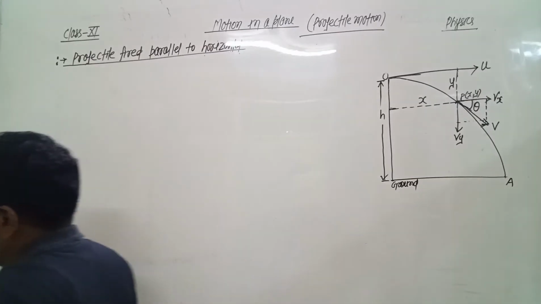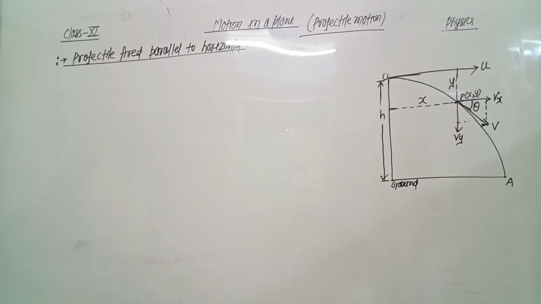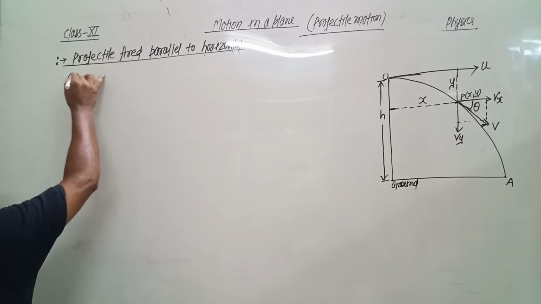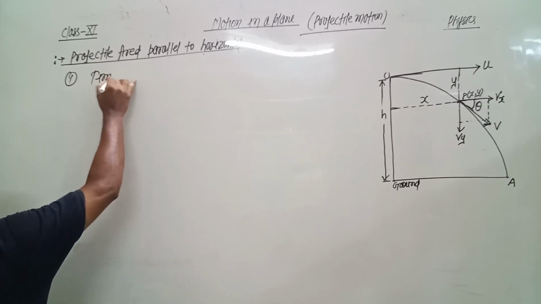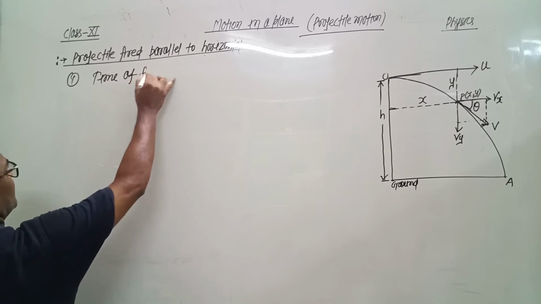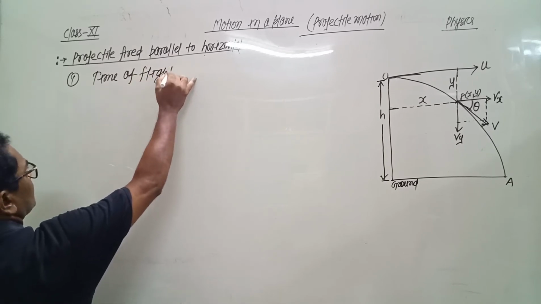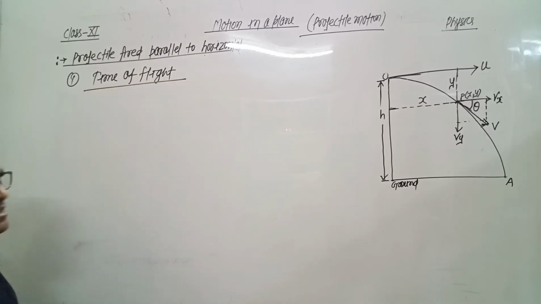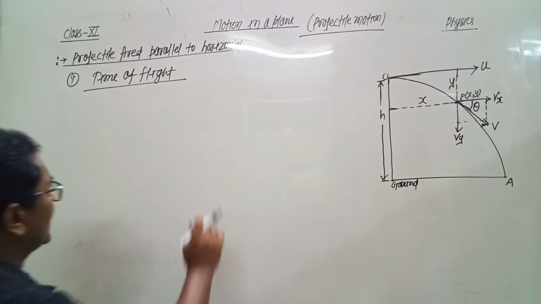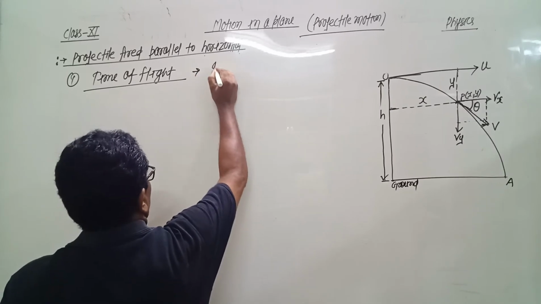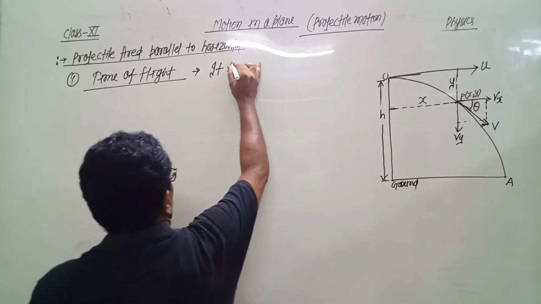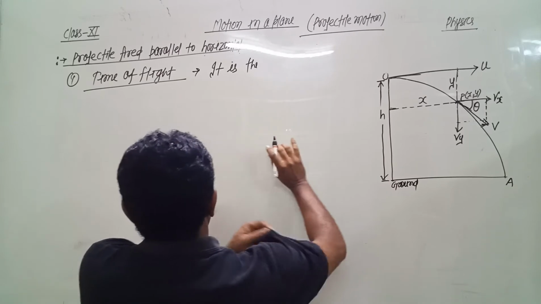Now we talk about the time of flight. What is the definition of time of flight? It is the total time taken.